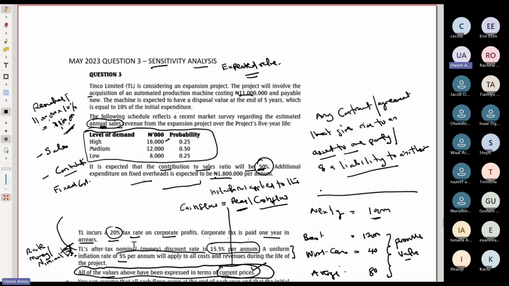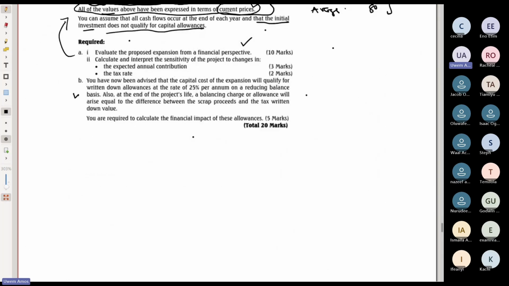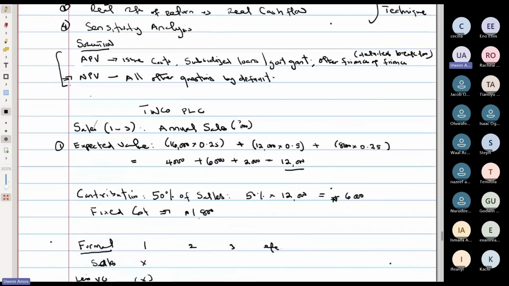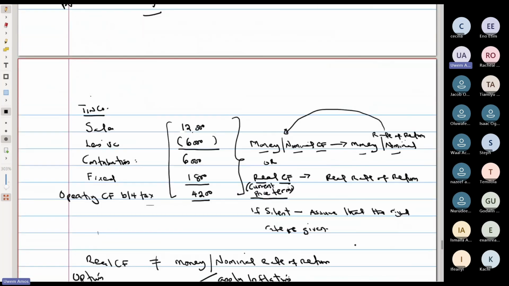So no inflation because it's payable now. Inflation is going to be at the end of year one. This one is payable now, right now, not at the end of the year. So our investment, which is here at year 0, is payable now.